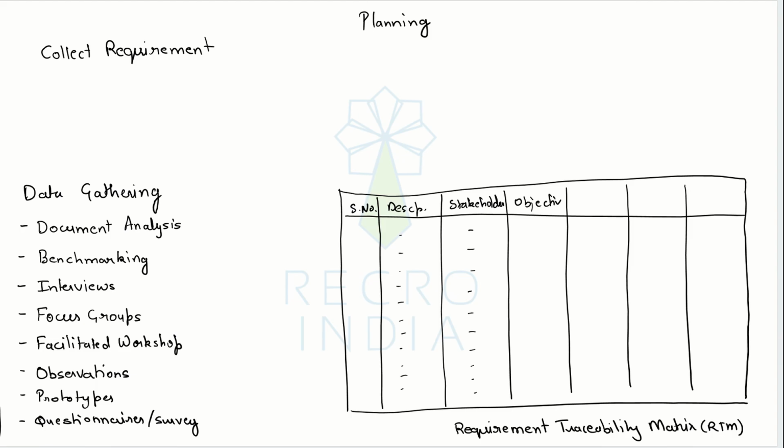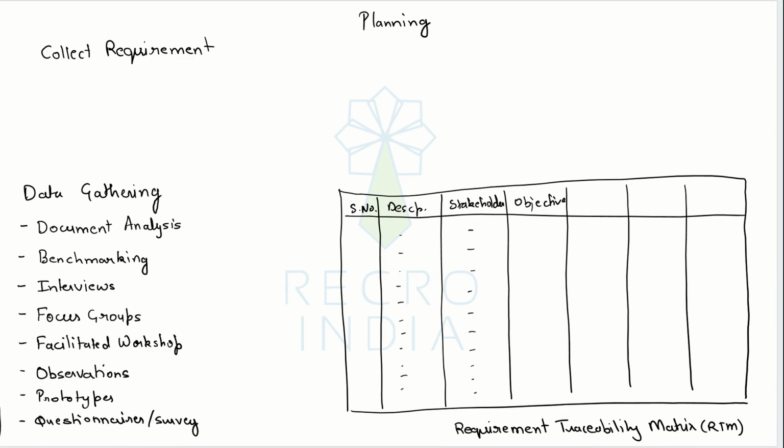Another important piece of information we prefer you should track is the objective, that is, why this requirement matters, why this requirement is important. This helps the team to develop a better understanding around the requirement, and it's a measure that prevents a scenario where the team has a different understanding of the requirement whereas the stakeholder had a different expectation.